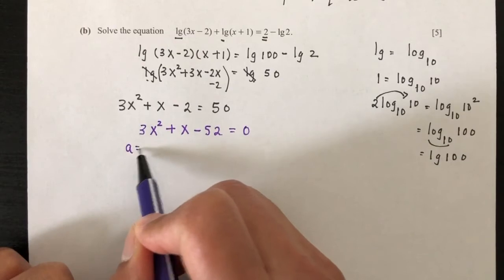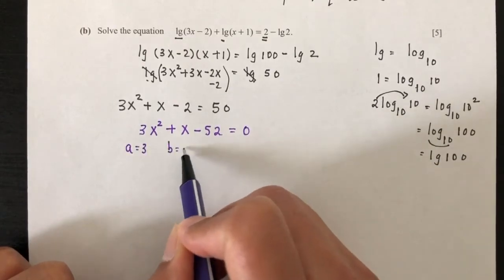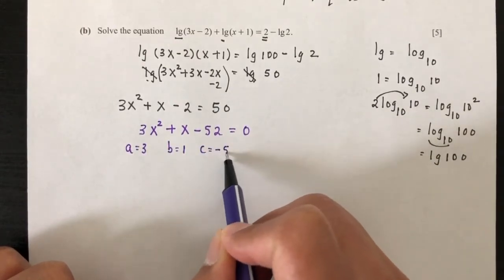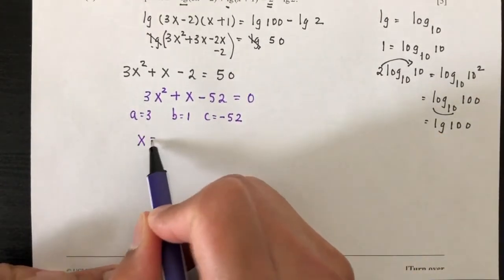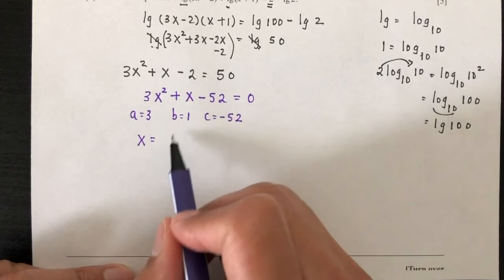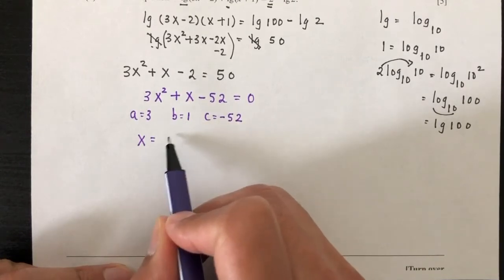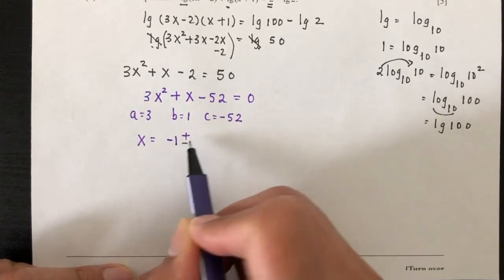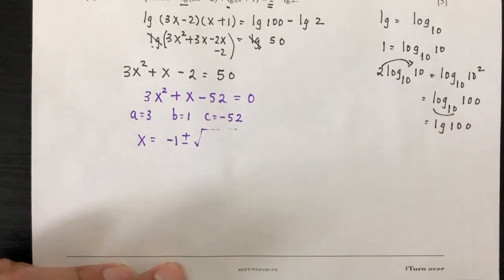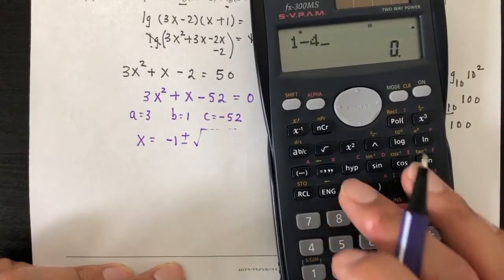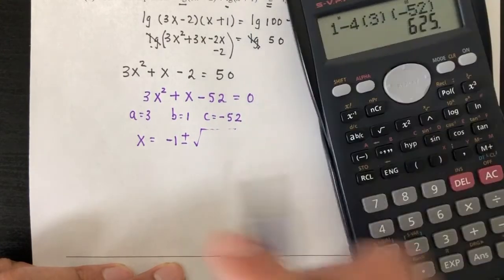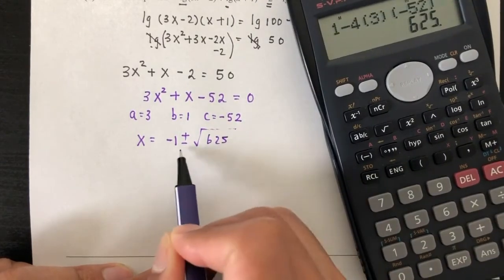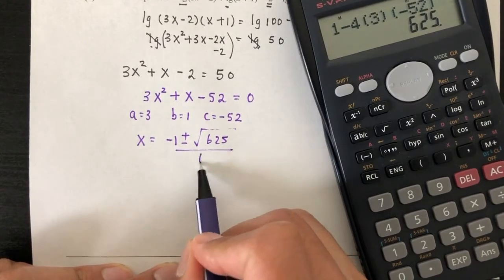So A is equal to 3, B is equal to 1, C is equal to minus 52. So x is equal to minus B, that will be minus 1, plus minus root of B squared, which is 1, minus 4 times A times C. That should be 625, divided by 2 times 3, that should be 6.